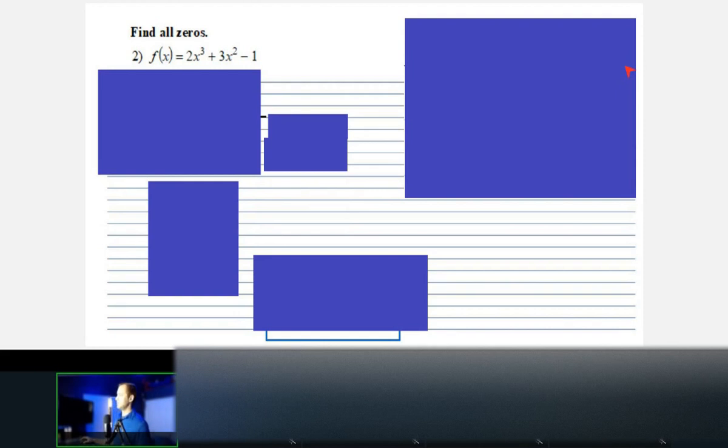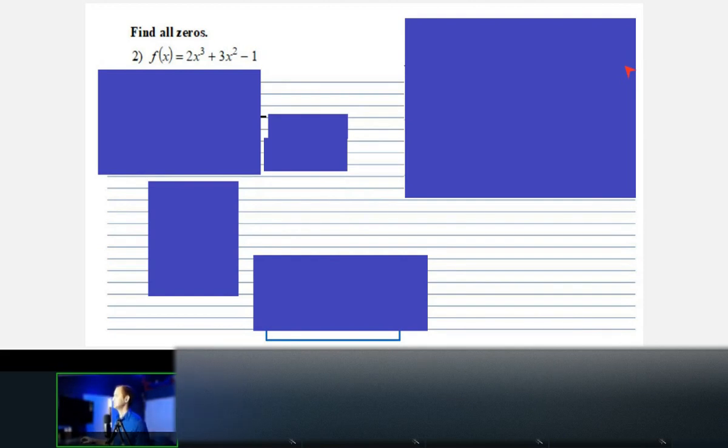Okay, so all of you graphed it, correct? All right, so everyone look at the graph. I'm going to point out some obvious stuff. Does everyone agree that it crosses the x-axis at positive 1/2?